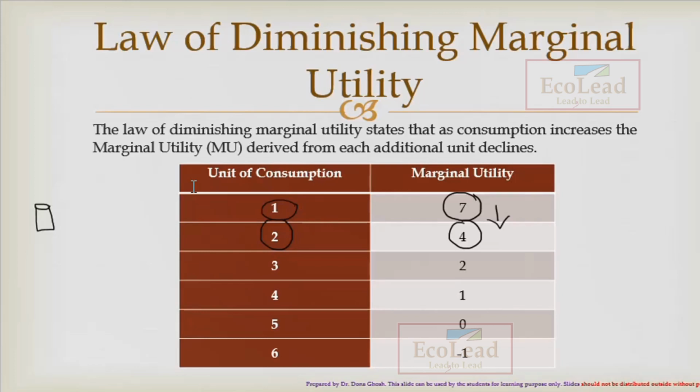So here the first glass of water will give you some amount of satisfaction that we can assume here as the first unit's marginal utility, which is 7.